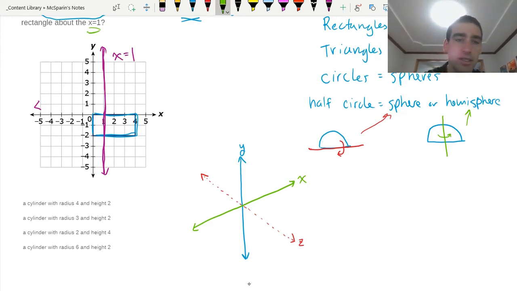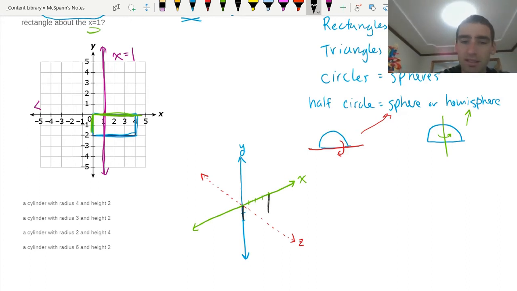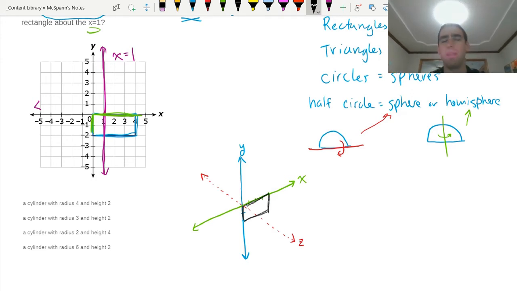So my rectangle is going to be 4 by 2. So I'm going to go 1, 2, 3, 4. And then I'm going to go 1, 2. And let's draw my rectangle in, we'll just draw it in pencil. So notice how I still have a 4 by 2 rectangle, but now it is on my 3-dimensional grid.